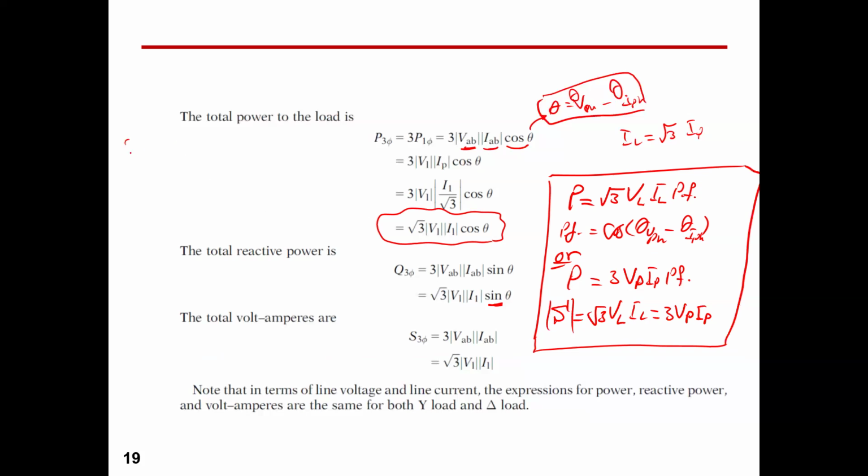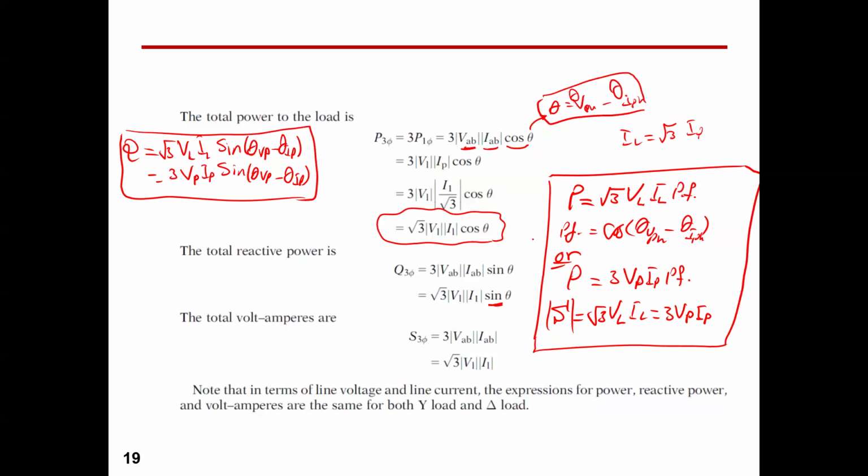So I can write down Q here equals √3 V line I line sine of theta V phase minus theta I phase, or 3 V phase I phase sine of theta V phase minus theta I phase. So these are the relations of active power, apparent power, and reactive power, whatever the connection, Y connection or delta connection.